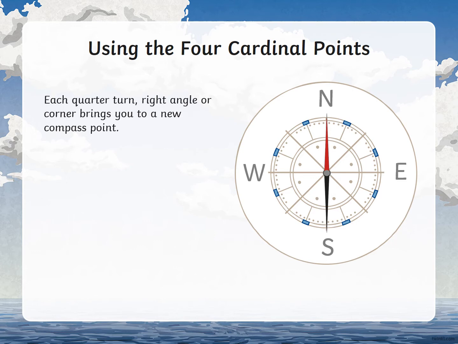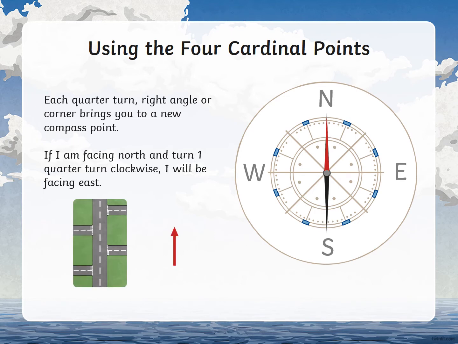So each time the line on the compass, for example, moves from north to east, we would say that that is a quarter turn, or we would say a right angle or a corner. And as I showed you before on the previous slide, there was actually an instrument called a protractor that was measuring the right angle at 90 degrees. So every time you move by a quarter turn, you get to a new compass point.